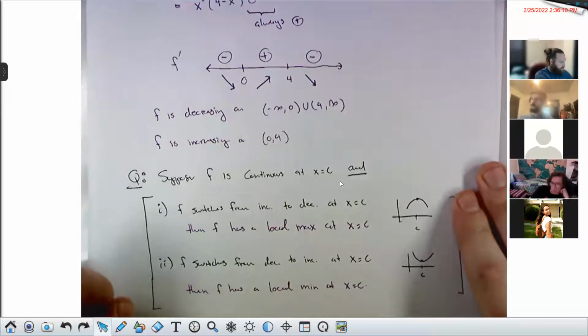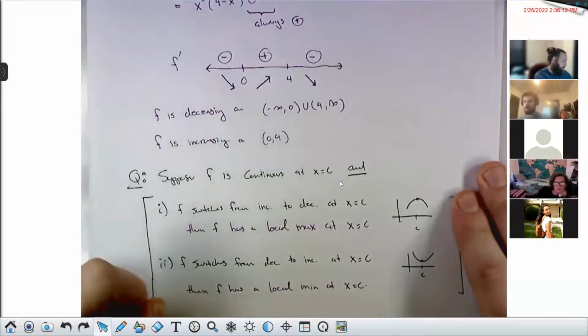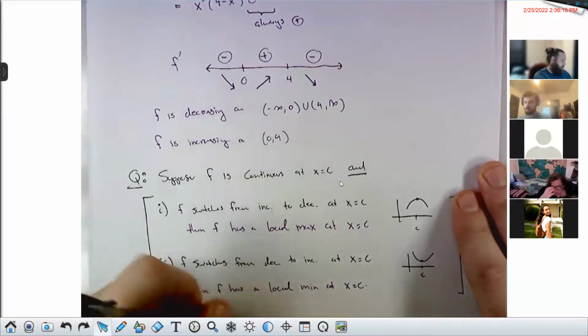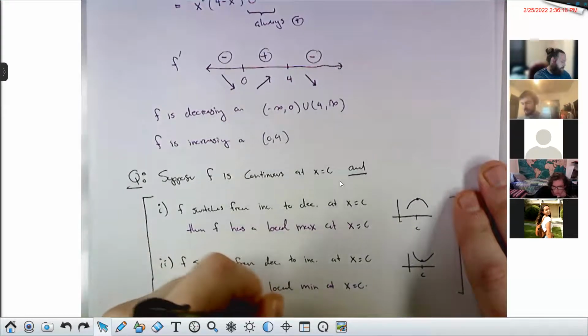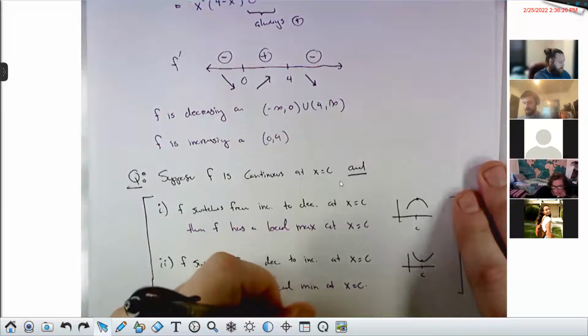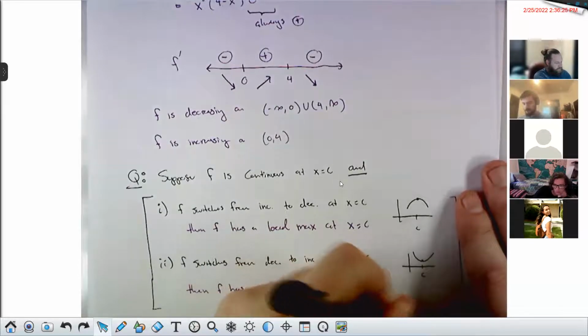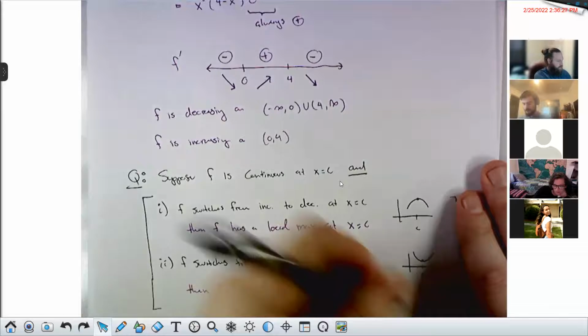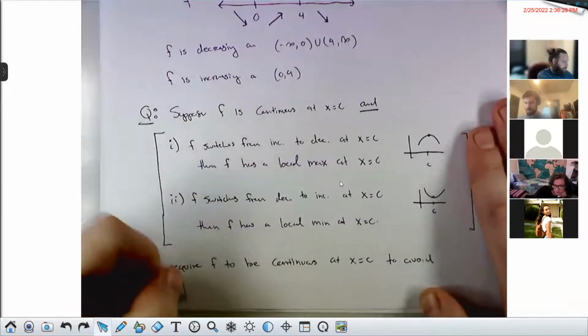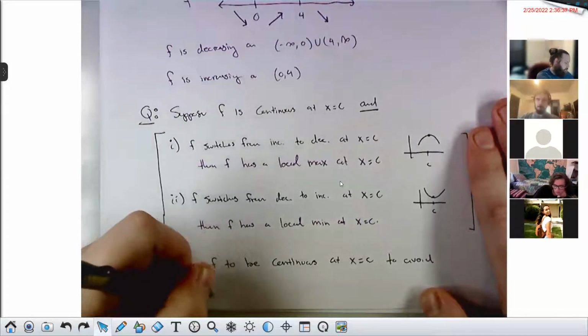So we require f to be continuous at x equals c to avoid stuff like this, right?